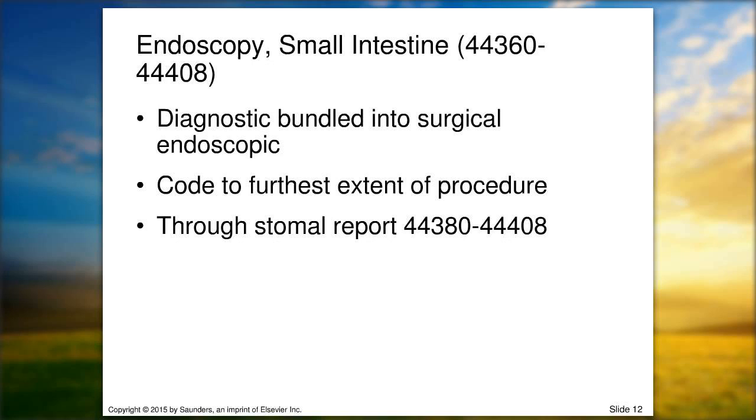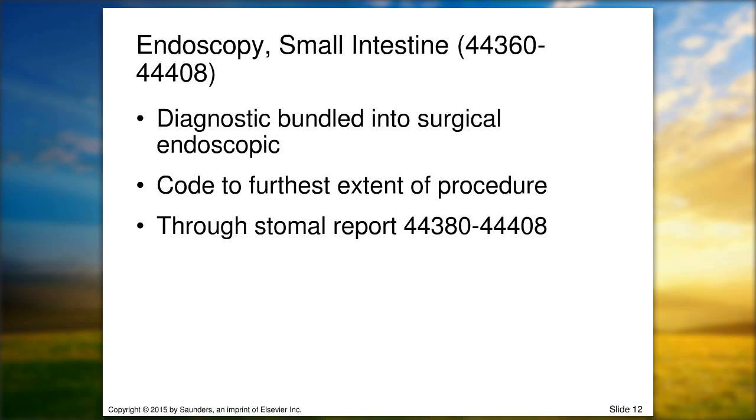The endoscopy codes are for the small intestines. Again, as I mentioned earlier, endoscopy codes can be found throughout the digestive system subsection by anatomical site. But when you're coding, make sure that you're coding to the furthest extent of the procedure.